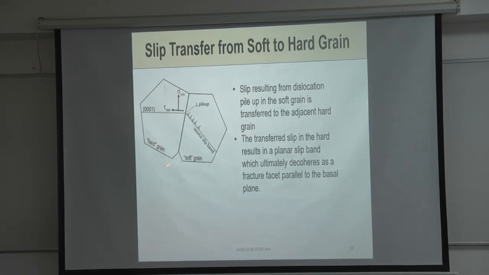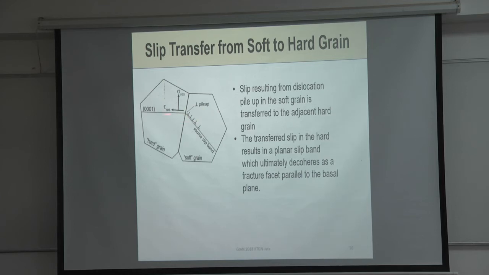So if you have a pileup here, and you want to transfer the slip to the next grain, and the next grain is oriented as a hard grain, that means it's hard to slip in there.